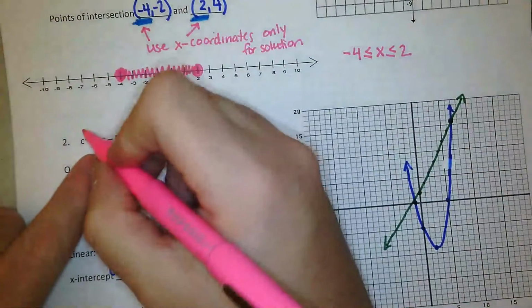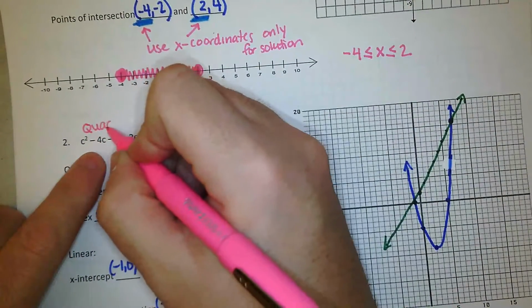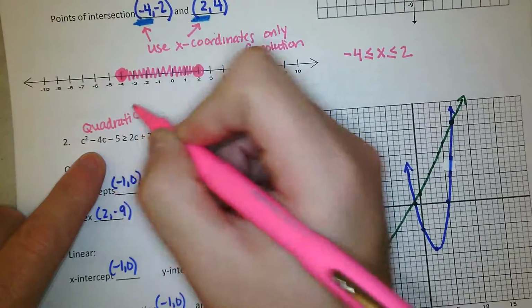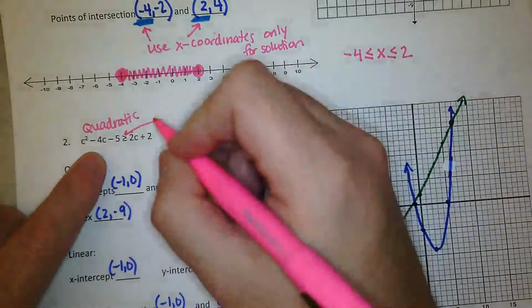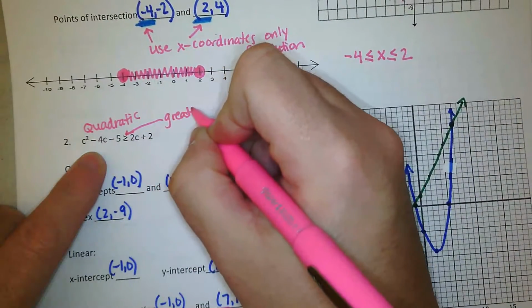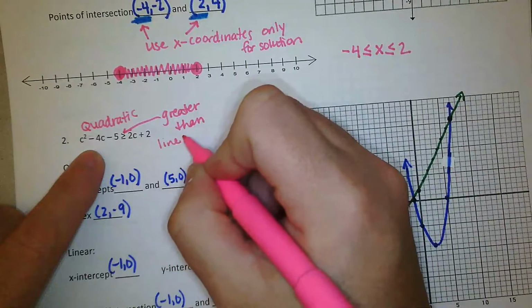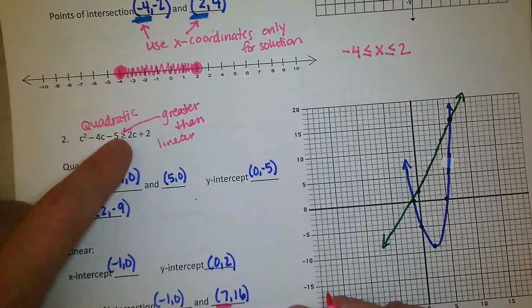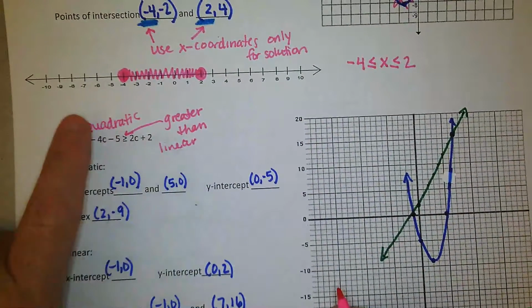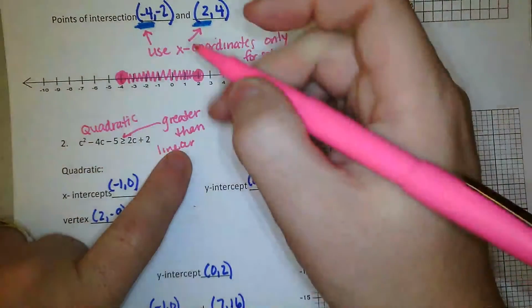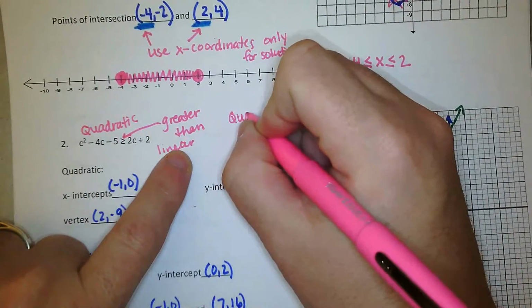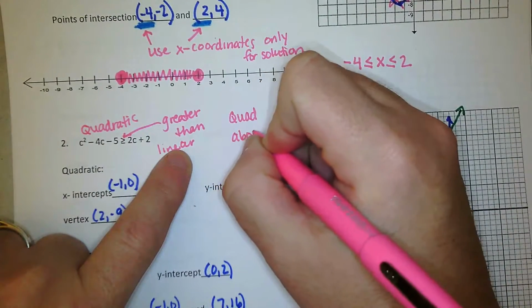In this case, this is the quadratic, and they want the quadratic. This symbol is greater than. So greater than means above the line. So quadratic is greater than the linear. So that means we want the quadratic above the line. Where's the quadratic? Above the line.